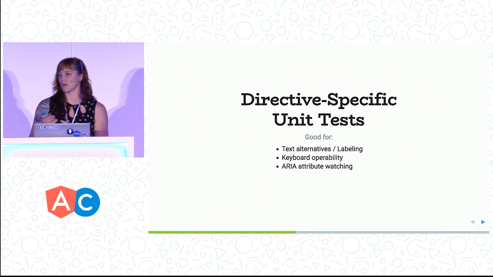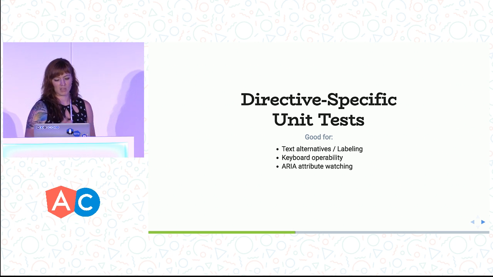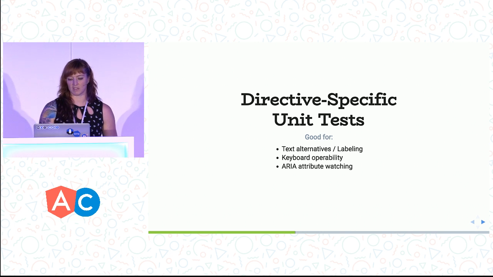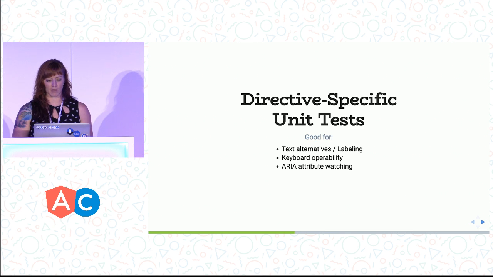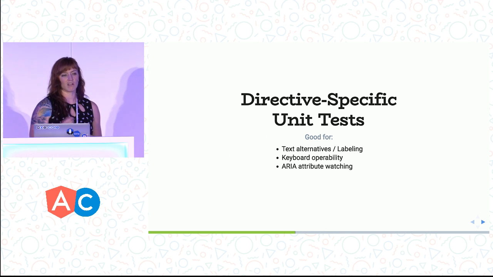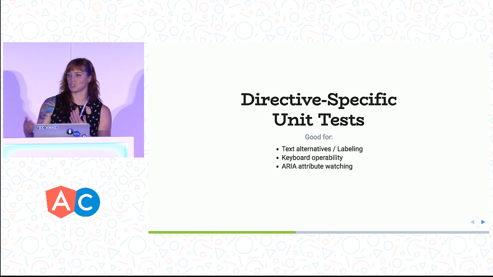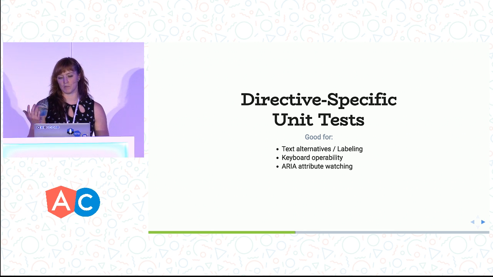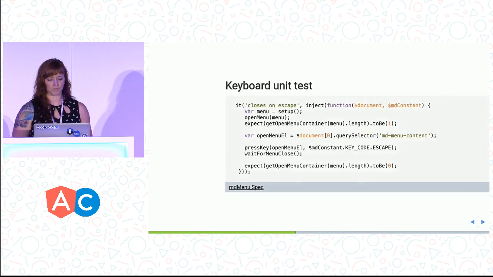So if we had an icon button component or something and we needed to test that it had a label exposed. Keyboard operability, to make sure that things like drop-downs still work with the keyboard and not just the mouse. And then watching ARIA attributes, so that if you had something that did use ARIA and maybe it changed with user input, you could write a unit test to make sure that it would do what you expected.